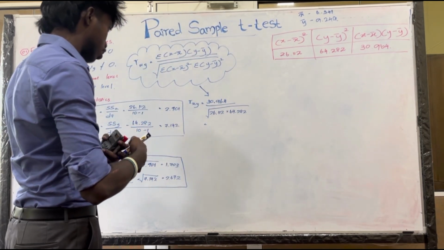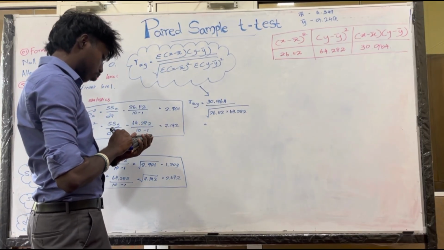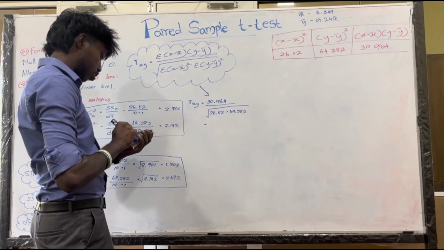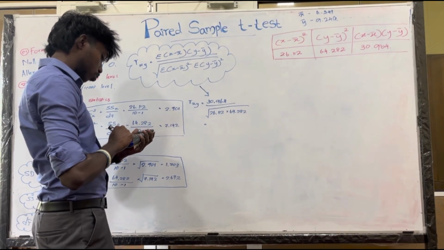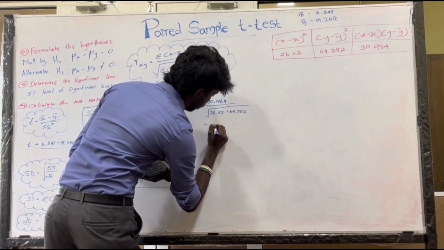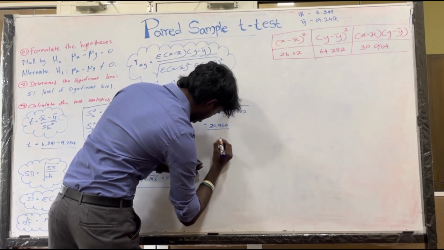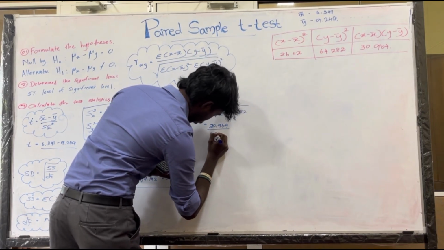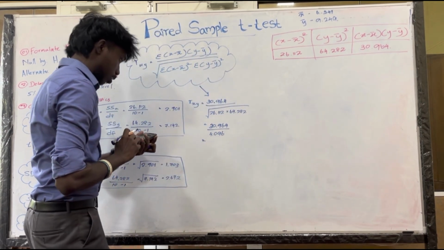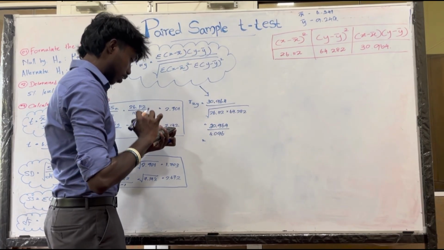So let's do the calculation. 26.112 multiplied by 64.282, and square root the answer, gives 40.96. 30.964 divided by that answer.